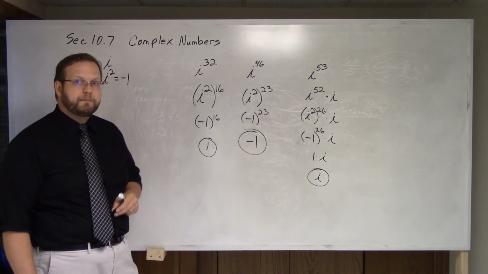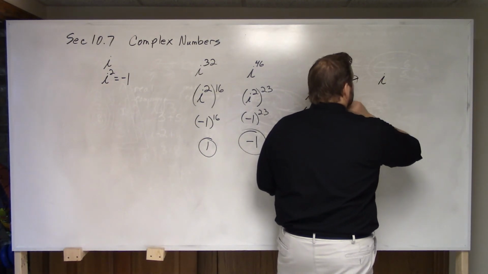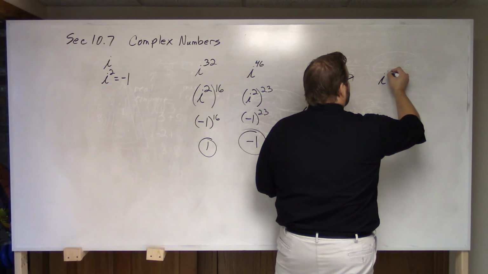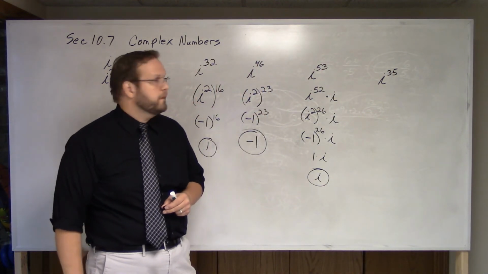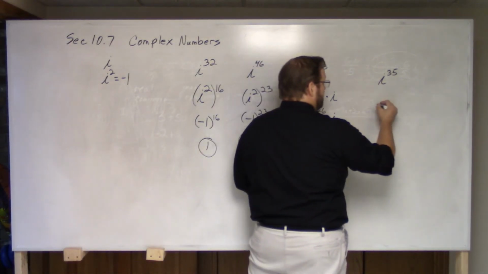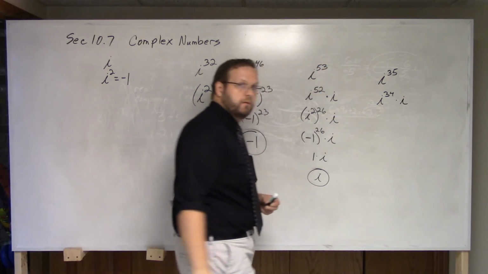Okay? Let's do one more. Let's say we have i to the, let's say, 35th. Okay, again, it's an odd number, so let's take that odd i out of it. i to the 34th times i.